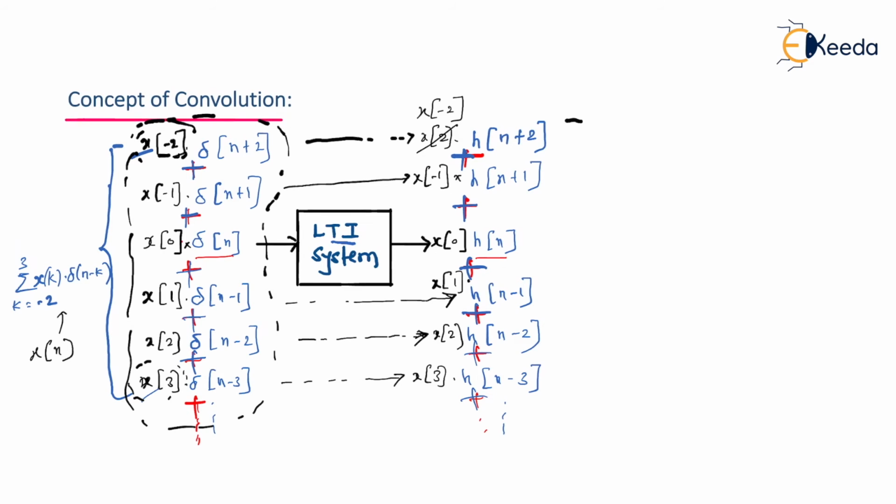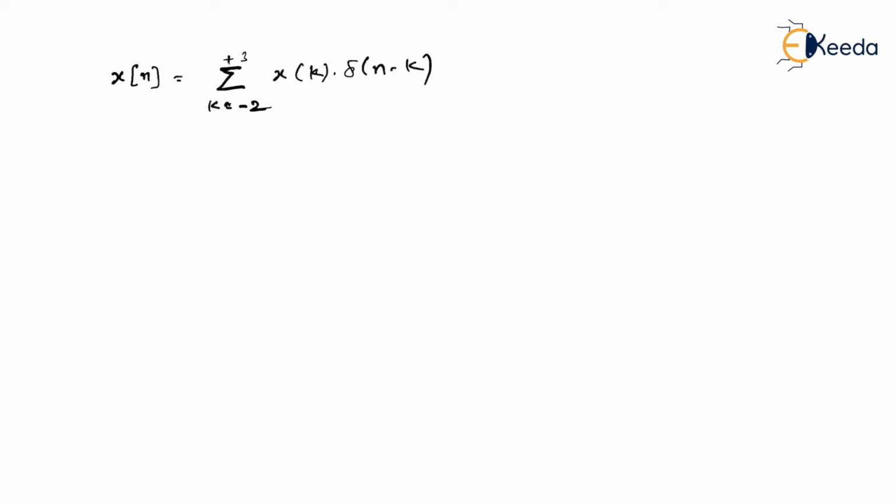As you can see here, this is your y of n. So y of n can also be expressed as a summation in terms of x of k and h of n minus k. So I can express my y of n as, again, k varied over the same limit, minus 2 to plus 3, x of k, but we know that for del of n minus k you will get a response h of n minus k. Is that right?